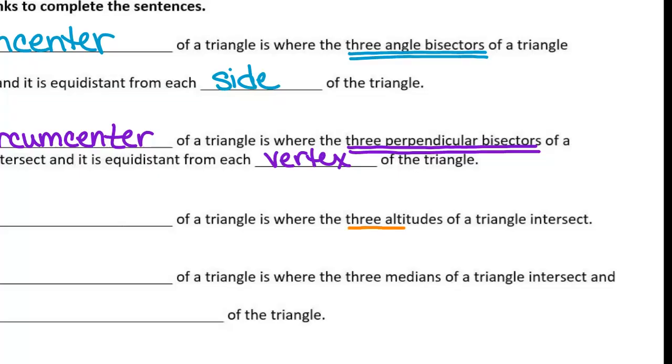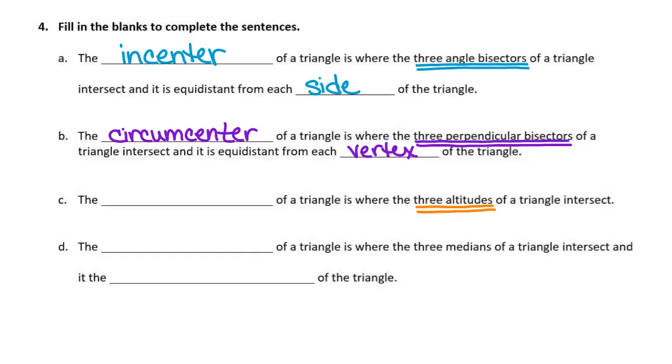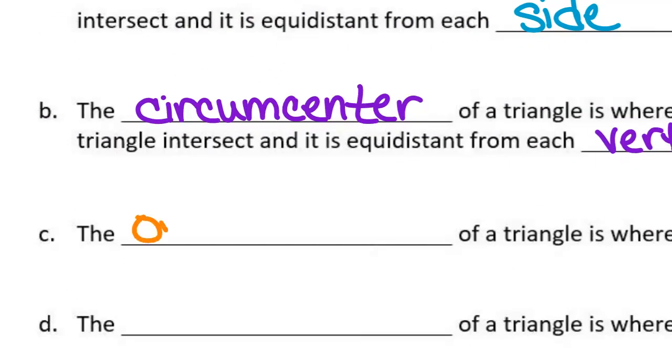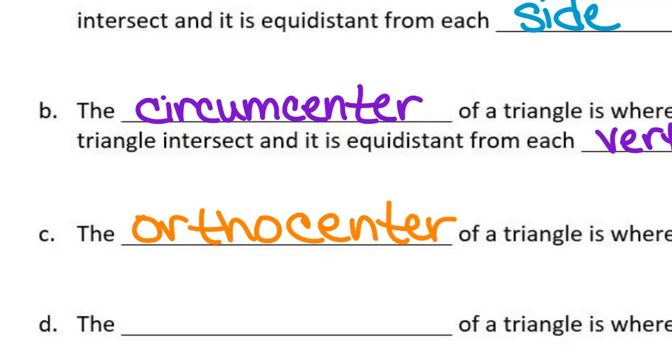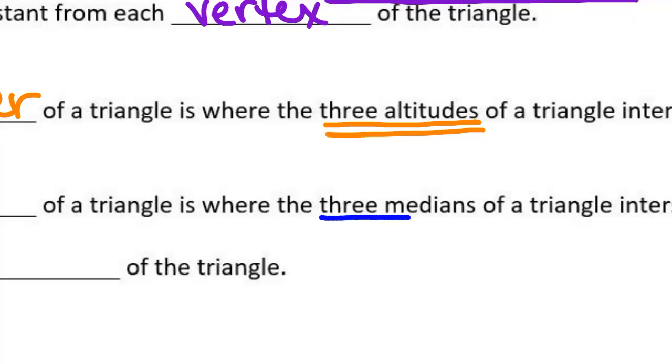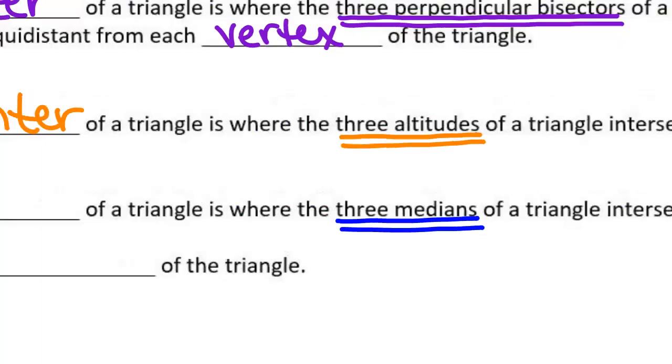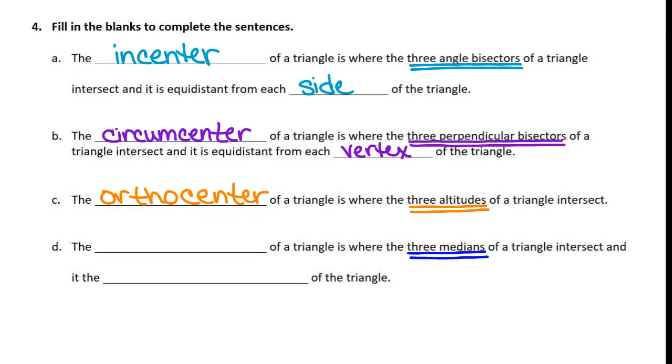Part C, this is the one that we talked about the least. The 3 altitudes intersect in something called the orthocenter. And finally, the 3 medians of a triangle. Does anybody remember this one?